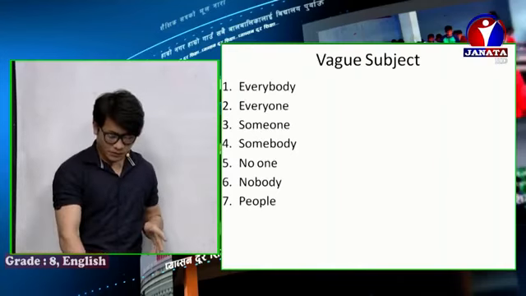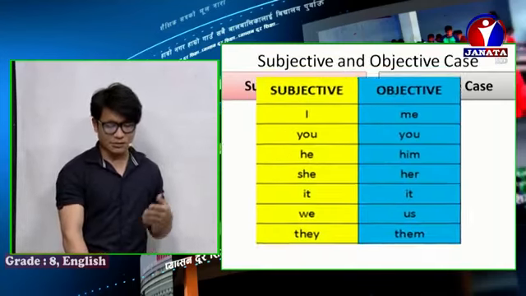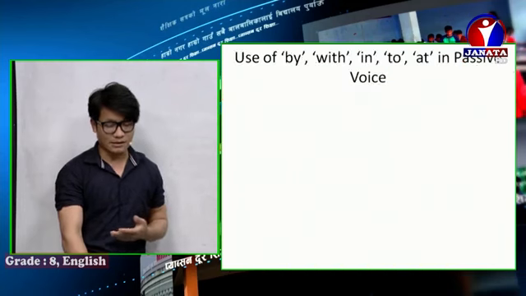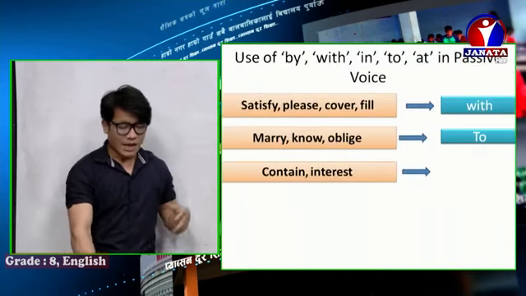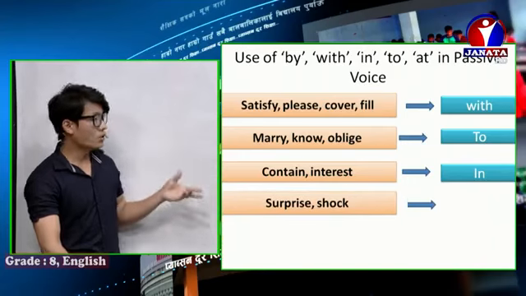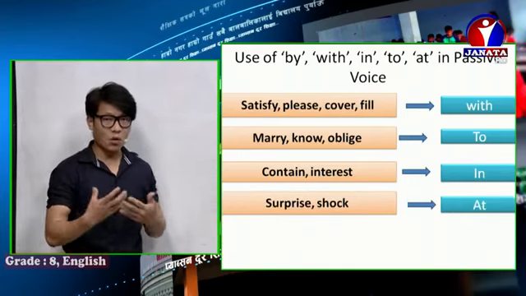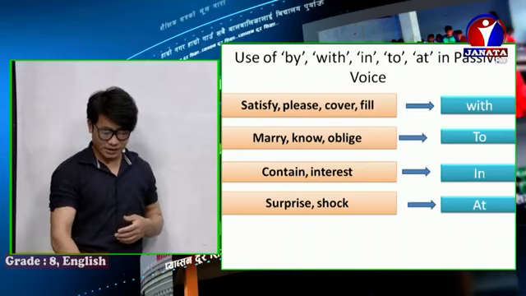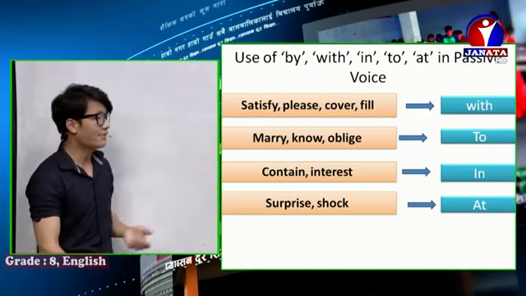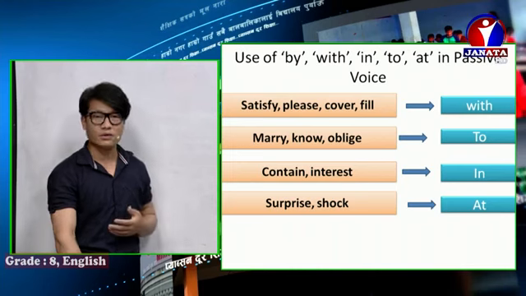So today we will discuss the rest of the parts of voice. These were the points I showed you last time. Today also we will use these types of verb with different prepositions.